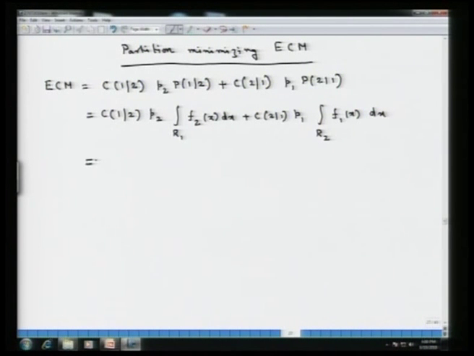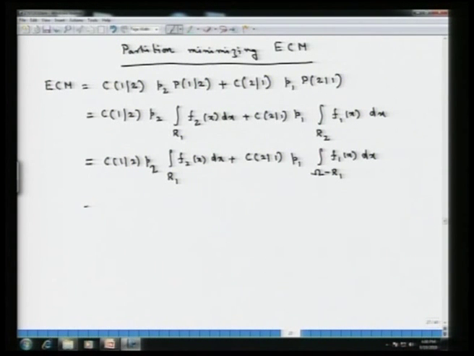Now, if we look at this particular term, we can write it in terms of the complementary region of the first partition R1. The first term can be written as it is, and the second term we can write as an integral over omega minus R1, that is, the region R2, of f1(x) dx.